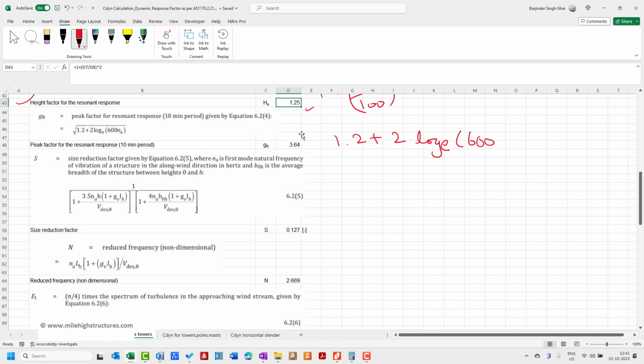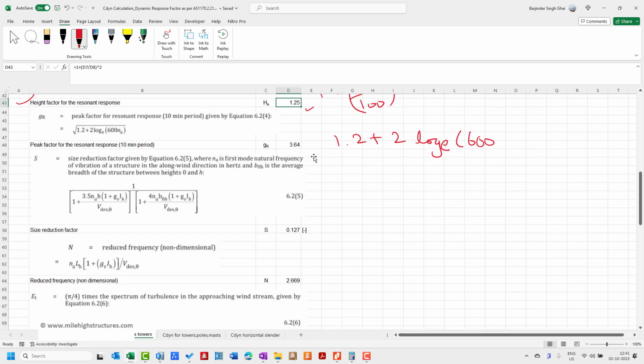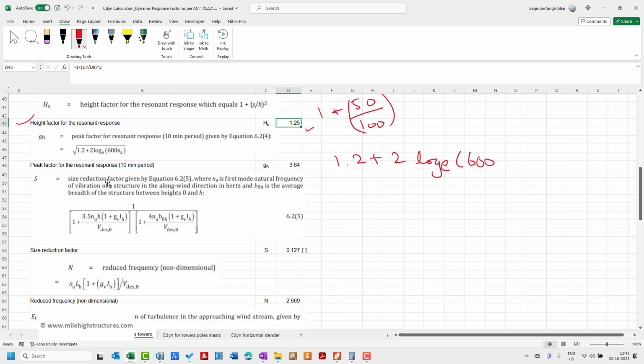So we can simply calculate the value of NA here, put in the value, and find out the height factor for the resonant response. So 600 multiplied with 0.7, and this whole number needs to be taken under root. So this value comes out to be 3.64.